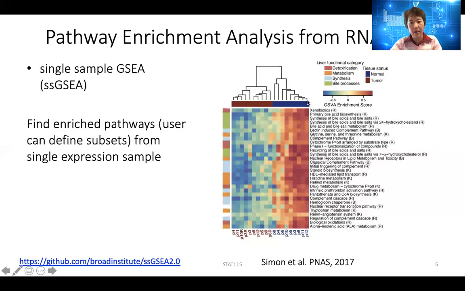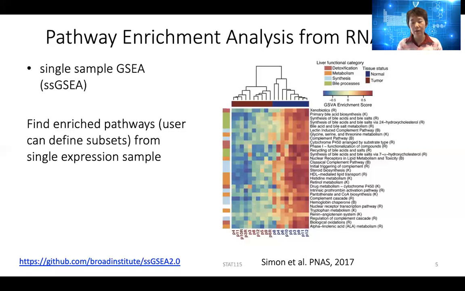So in this case, each column is one sample. You can see here is patient 12, patient 11, and so on. So these are patients, and each row is one pathway or signature being displayed here. So you can evaluate, for a set of pathways, how much it is present or absent, or how strongly the signature is present in these individual tumor samples.